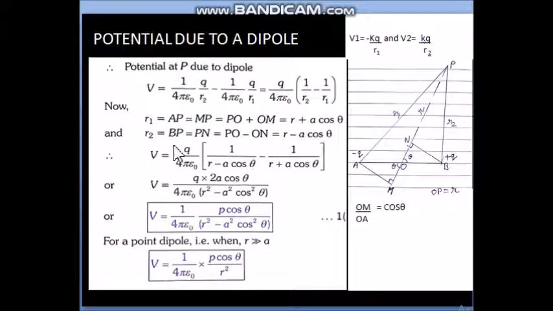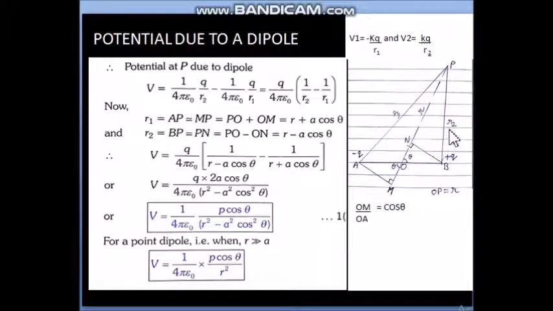Now in the same manner we will find R2. The R2 distance is shorter than R1. So if we draw a normal from the other side, the normal will fall somewhere at point N. Now look at this triangle NPB. In this, approximately R2 is equal to NP.